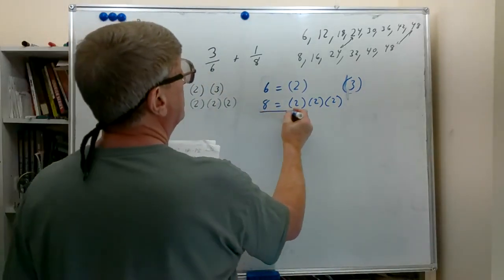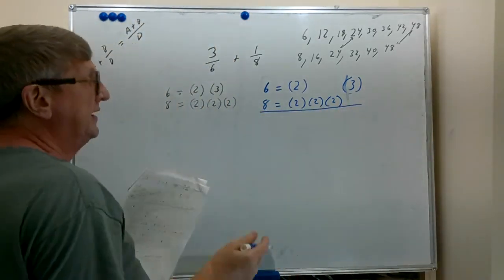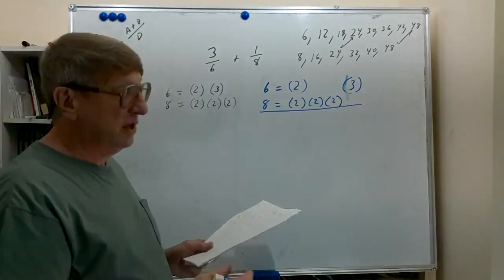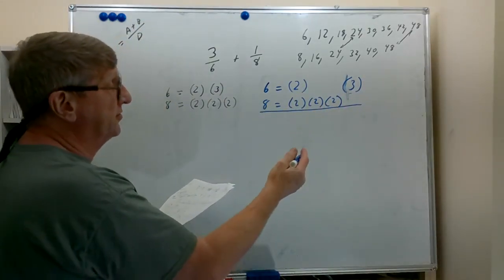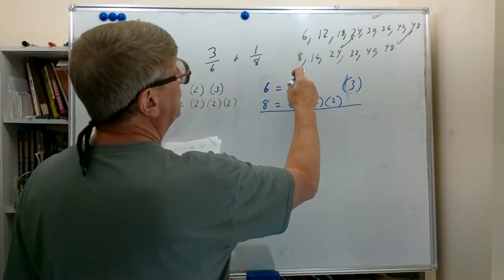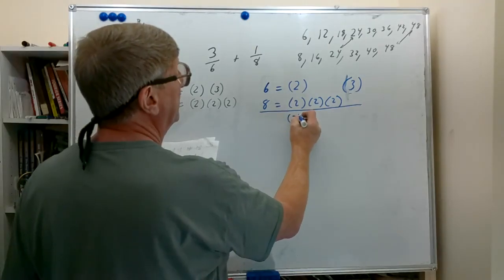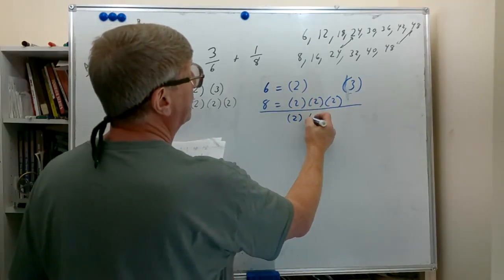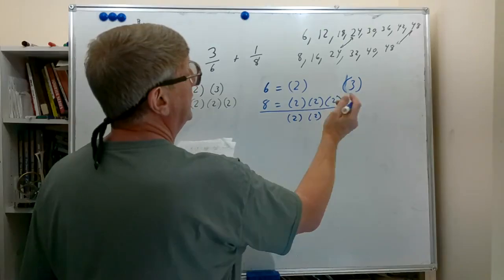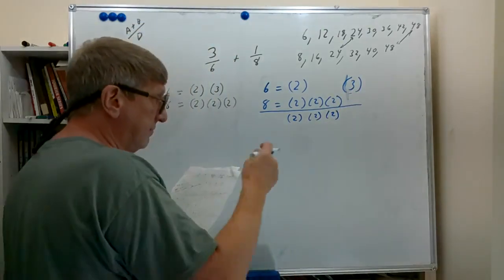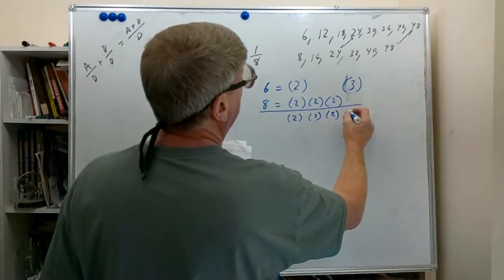This is kind of a nice format because if we carry down each factor as it appears, the number of times it appears, well, 2 appears as a factor in both 6 and 8, so we bring the 2 down here. Here's another 2 in the 8, so we bring this down. Here's another 2 in the 8, we bring that down. And here's a 3 in the 6, we bring that down.